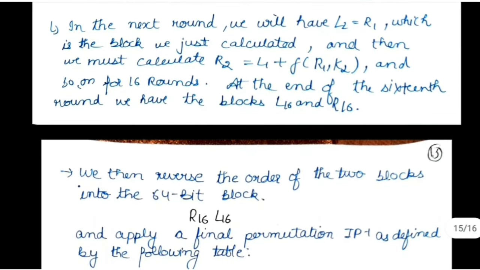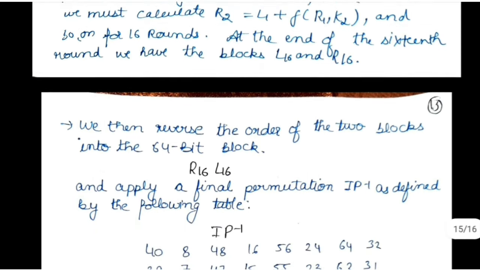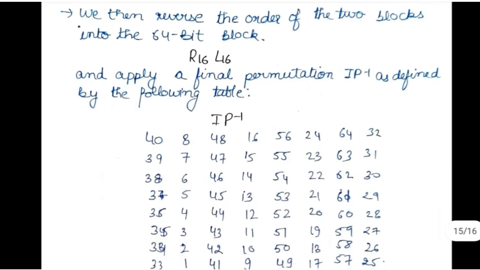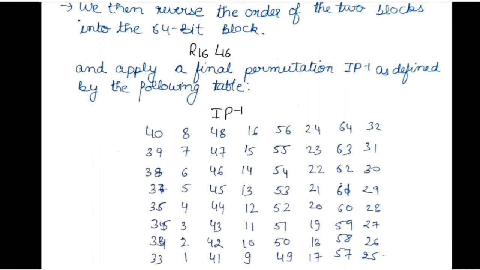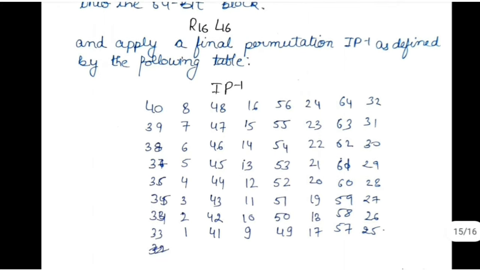In the next round we will have L2 equal to R1, which is the block we just calculated, and then we calculate R2 as L1 plus function F(R1, K2), and so on for 16 rounds. At the end of the 16th round we have the blocks L16 and R16. We then inverse the order of the two blocks, that is we put the R block first and then the L block, R16 L16, and apply a final permutation, IP inverse, which is also defined here, and by this time you know how to apply the permutation.